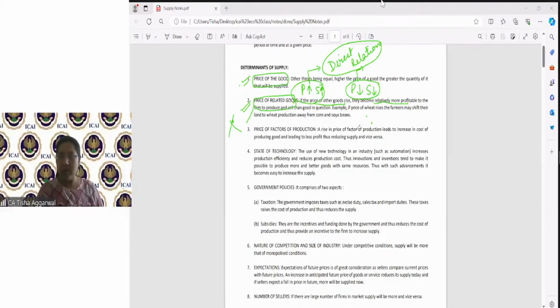Third, when I sell a product, normally when you talk about any shopkeeper, the selling price minus cost gives you profit. Am I correct?